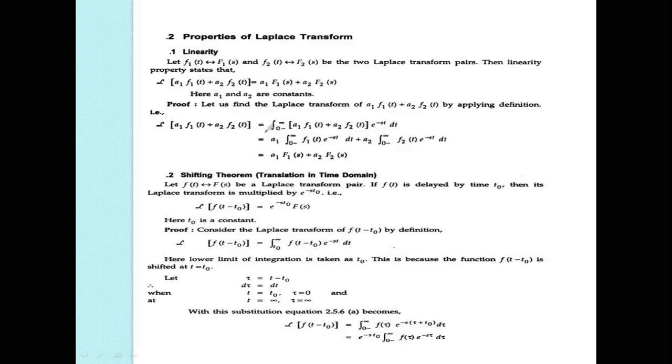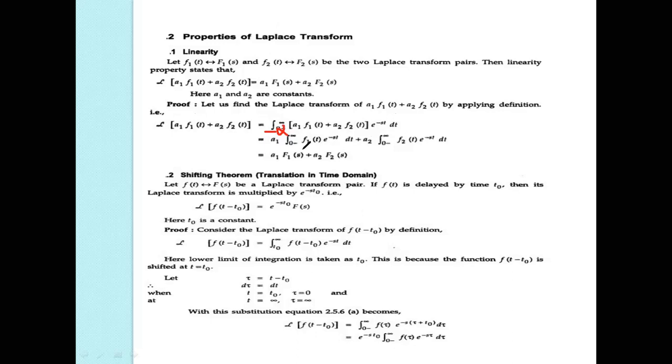Bilateral, remember that: minus infinity to infinity, f of t into e power minus st dt. What is f of t here? a1 f1 of t plus a2 f2 of t, e power minus st dt.